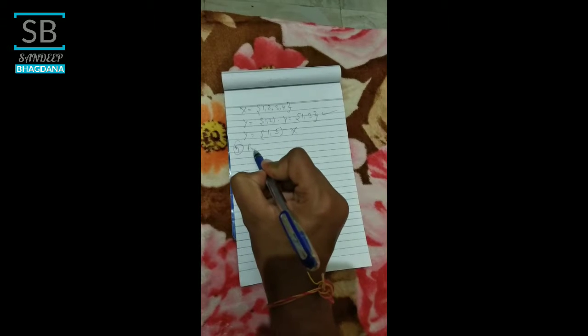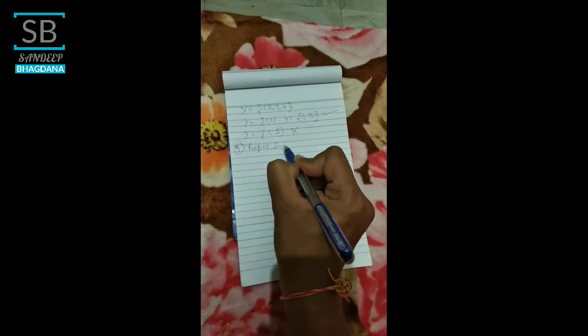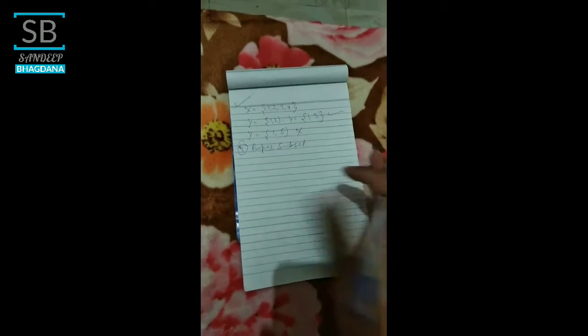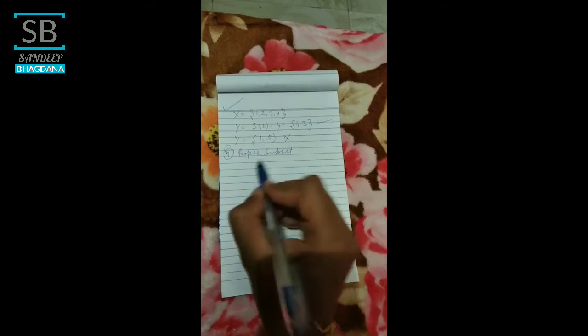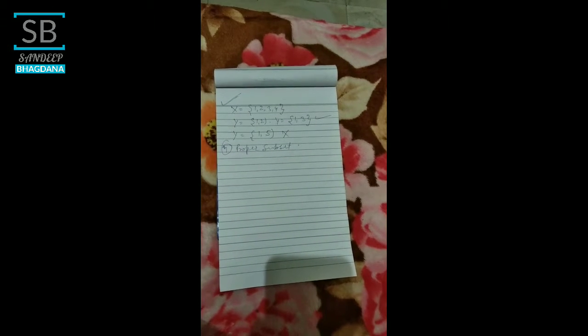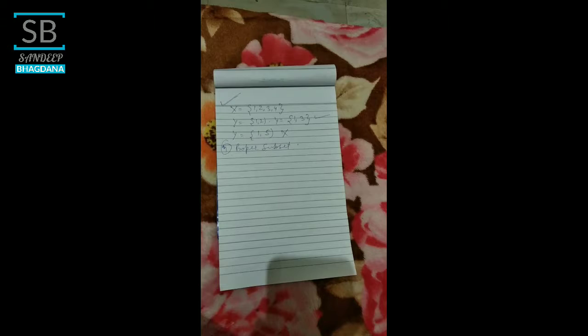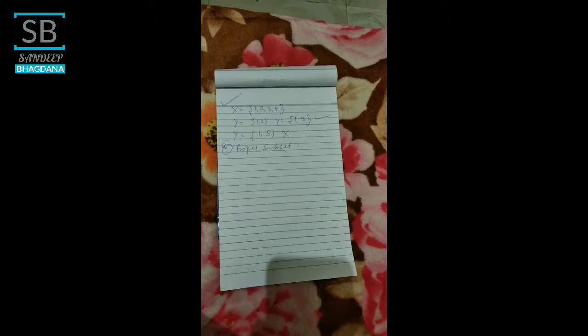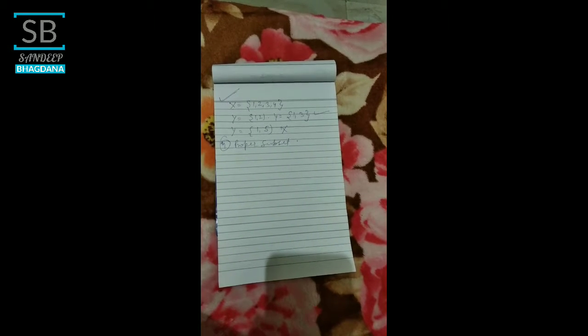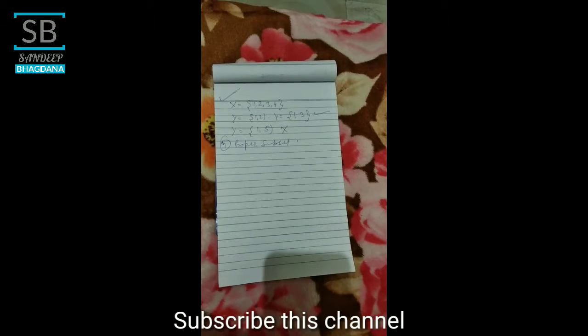Next is proper subset. This was an important example. The term proper subset can be defined as a subset of but not equal to. A set X is a proper subset of set Y if every element of X is an element of set Y. Let's see an example.